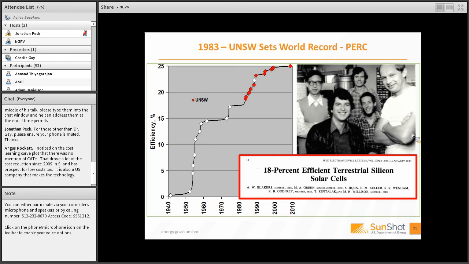There you can see a young Martin Green sitting in the foreground, Andrew Blakers, Stuart Wenham in the background there, and Bruce Godfrey there on the right, who went on to form his own company making instruments. This is to maintain our humility, I suppose.